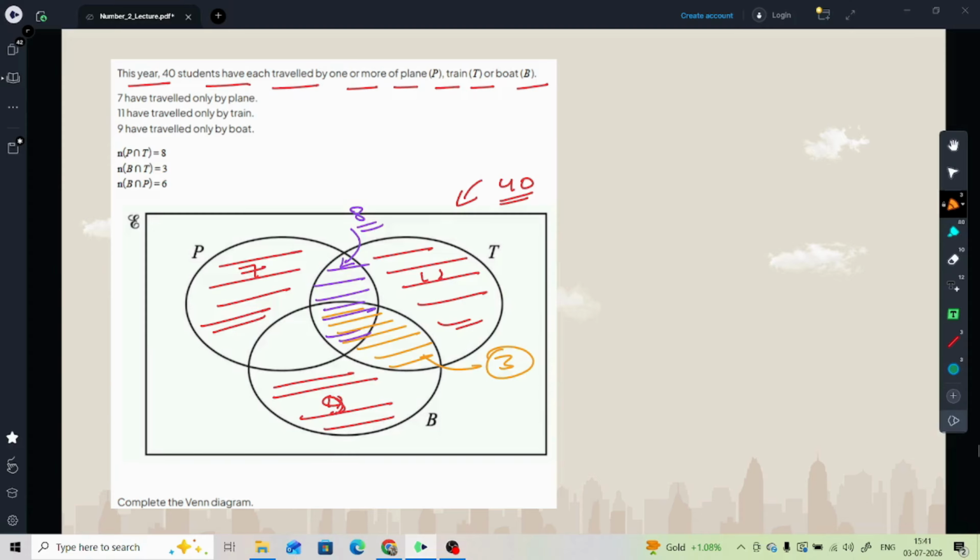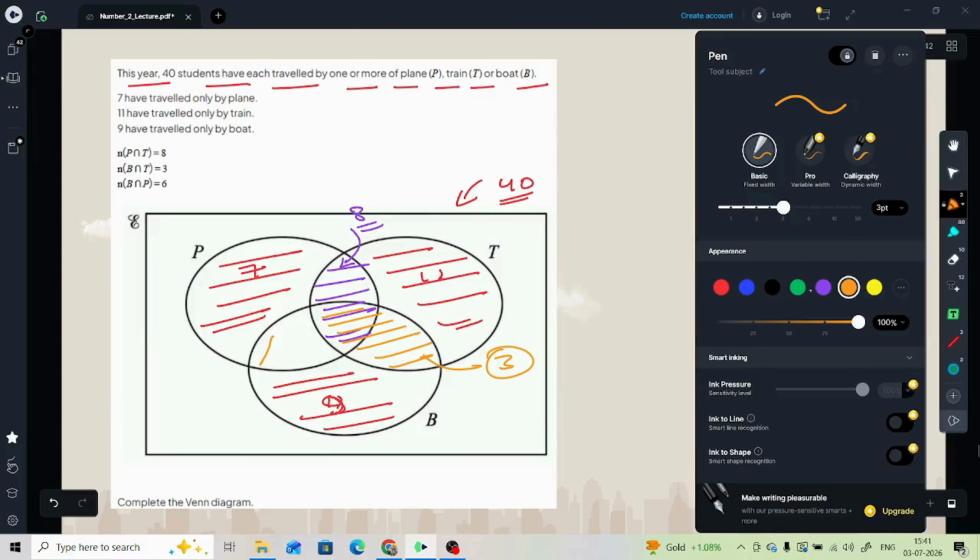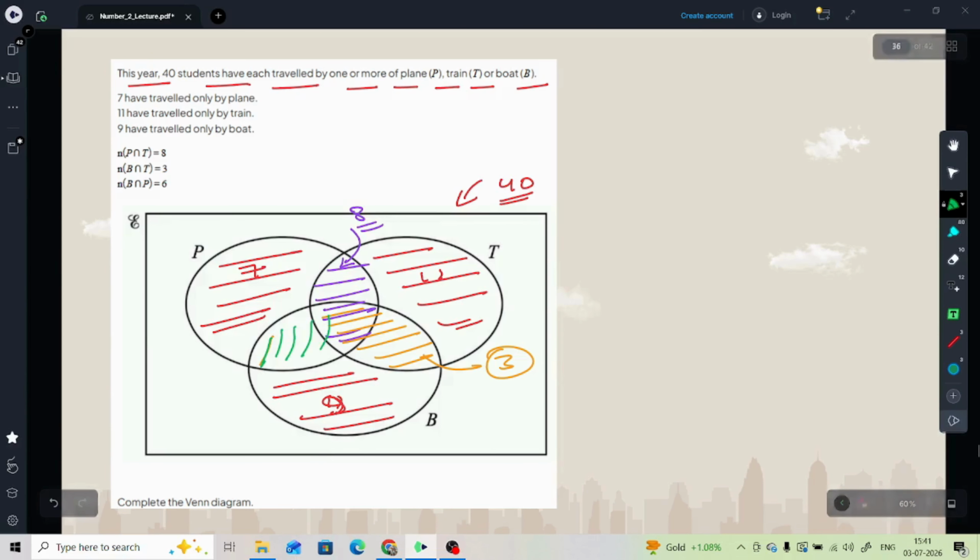And the number of elements in B intersection P is 6. So this part is 6. Yeah, fine. Now the things are very simple for us again. It's directly plotted, so we don't need to do much over here.